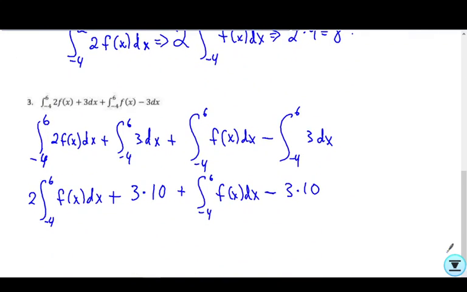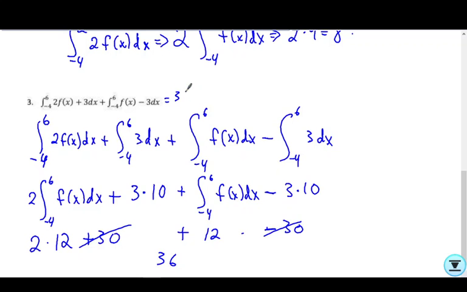So this is 2 times 12 plus 30 plus 12 minus 30. So 30 minus 30, that's 0. 24 plus 12, which is 36. So this equals 36.